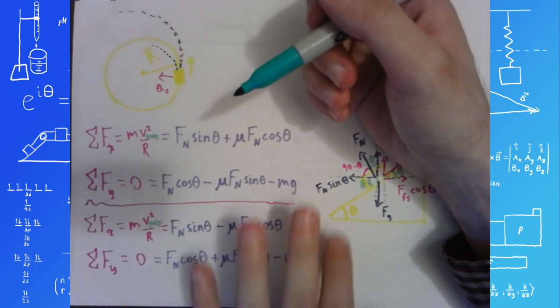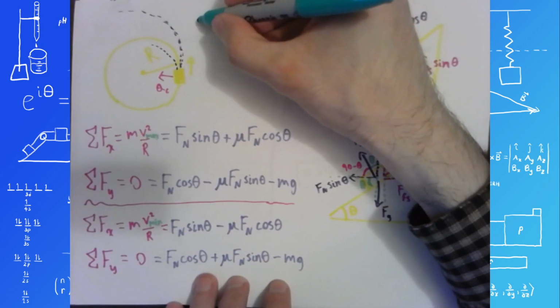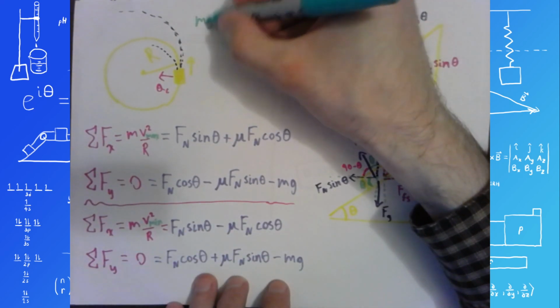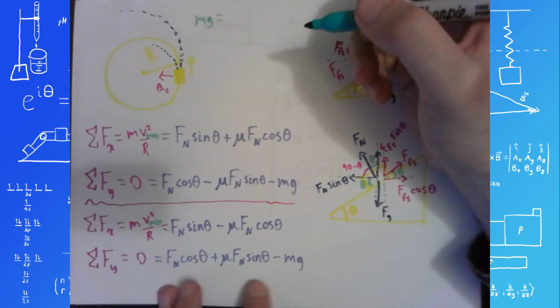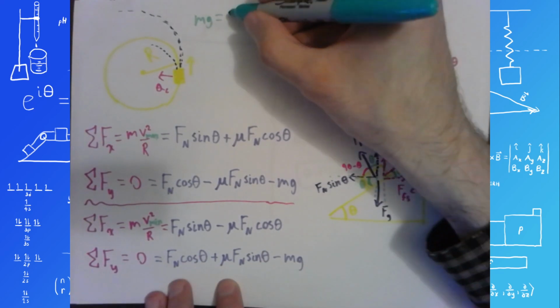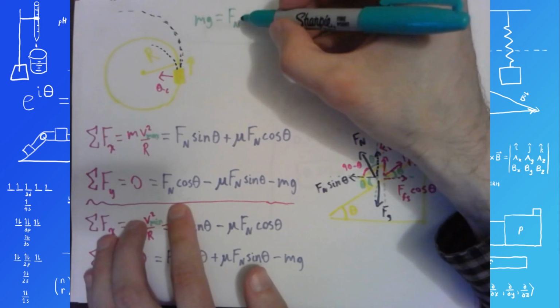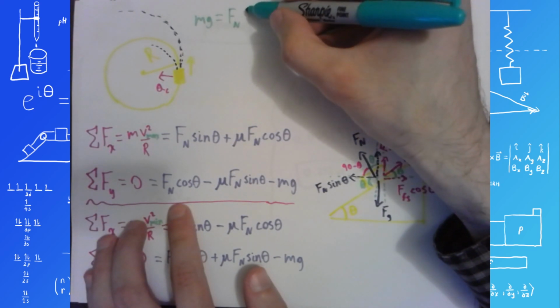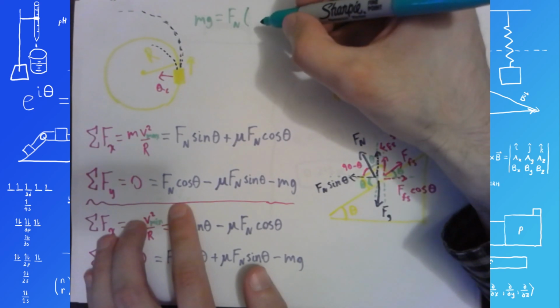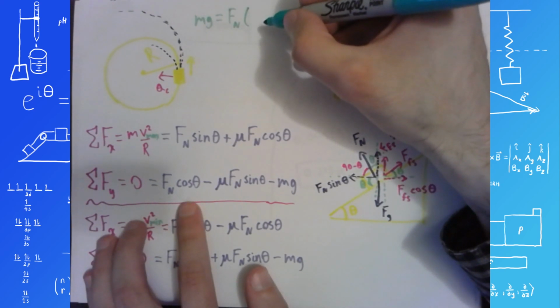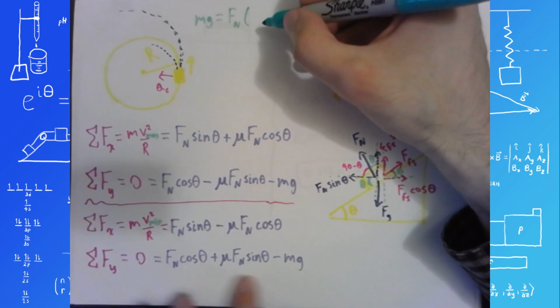So if I add mg over to the left, I'd have mg equals normal force times, and then in parentheses, cosine theta, and in one case it's minus, in the other case it's plus.